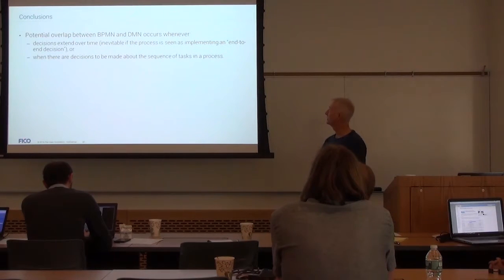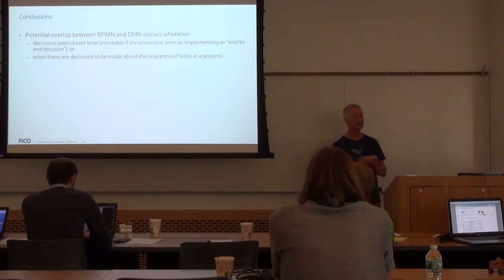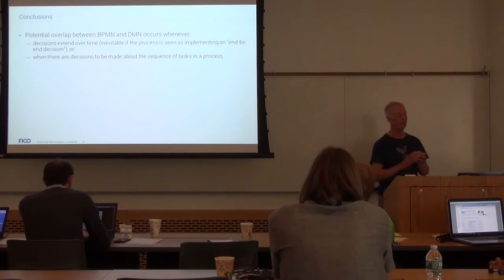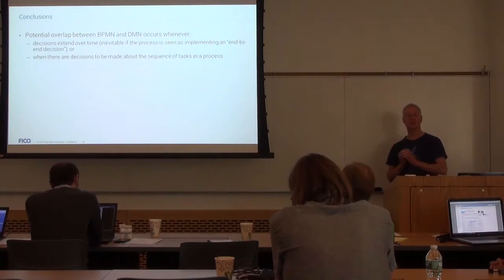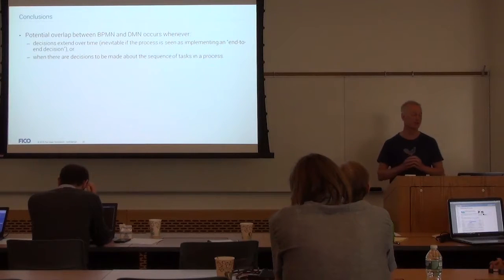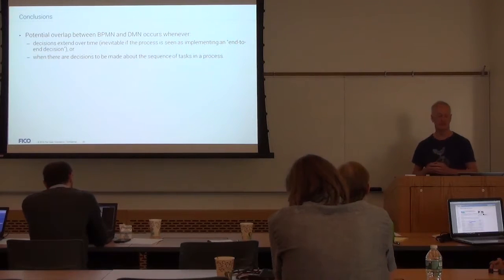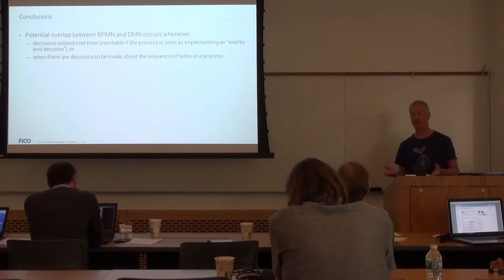So if a process is seen as implementing an end-to-end decision, in other words, it is a decision-making process, or where you're making decisions about the sequence of things you want to happen, in either of those cases, you inevitably have decision-making that involves time and extends over time. And if that's the case, you've always got the opportunity of modelling it either in DMN or BPMN.